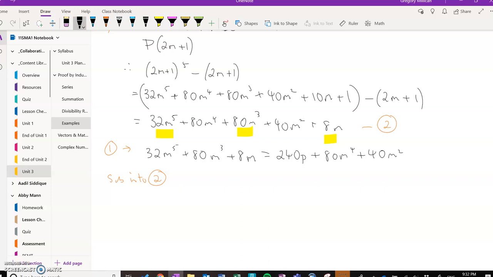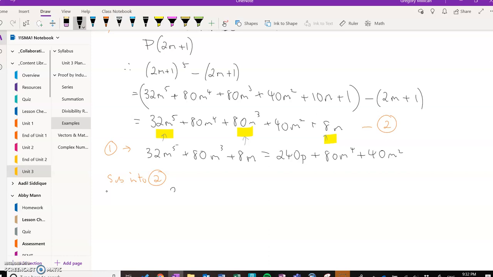If I look at the bits that have the yellow underline, that bit and that bit, what's left is that the bits with the yellow underline are going to be replaced by what they're equal to down here.